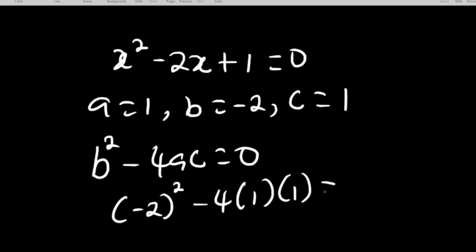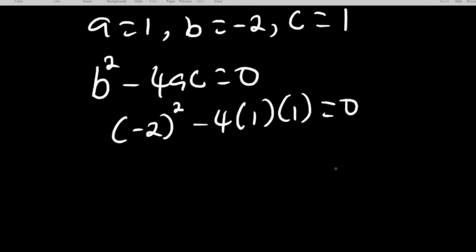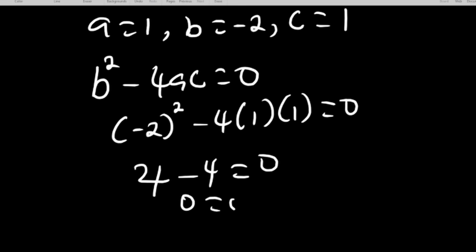So let's see if we're going to get a 0. Negative 2 squared gives us a positive 4. Then minus 4 times 1 is a minus 4, and minus 4 again times 1 is a minus 4. So 4 minus 4 gives us 0. We have 0 equals 0.